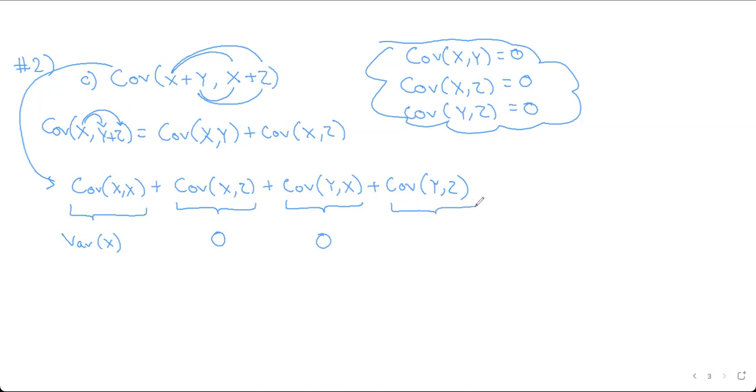And finally, the covariance of yz, we also established that equals 0. So that means our final answer is simply the variance of x, which is 9. So the covariance of x plus y and x plus z is simply 9.